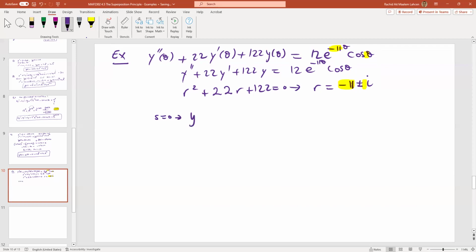And y of t is going to be c1 e to the alpha t, which is -1, cosine 1 theta, let's see, 2.